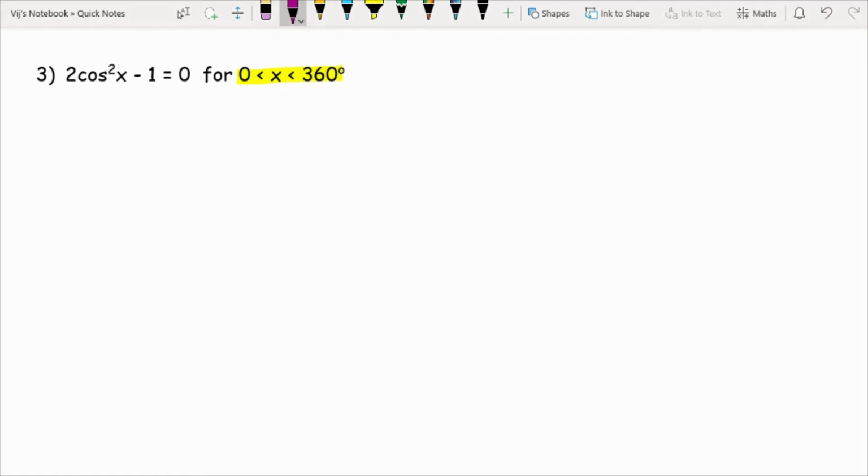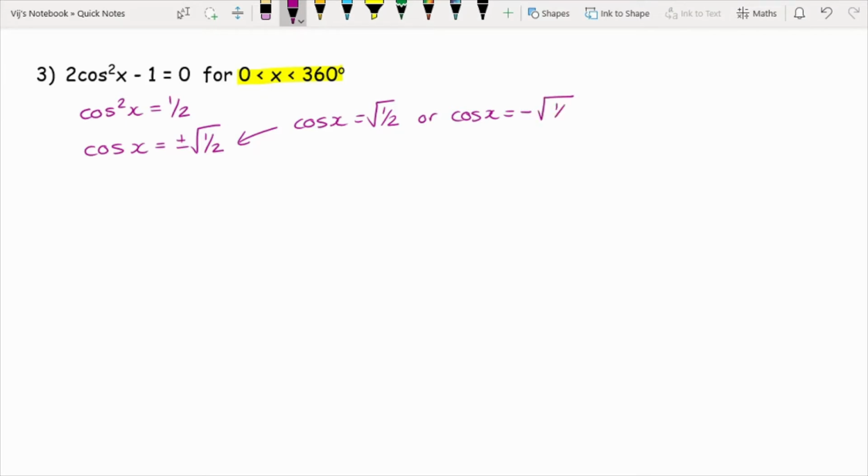So going back to starting this particular question, what we need to now do is make cos x the subject. So rearranging this, we get cos squared x equals a half, and then what we end up with is cos x equals plus or minus the square root of a half. So from this, cos x can either equal positive root a half, or cos x can equal minus root of a half.